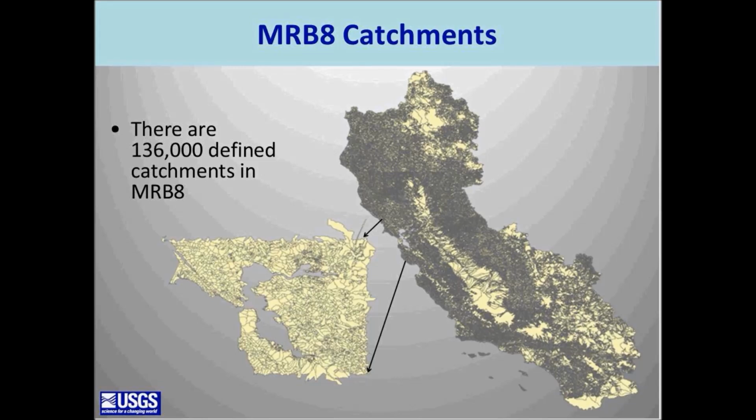Every segment of the stream has a catchment, so there are 136,000 catchments in our study area. Each catchment is assigned what's called a COM ID. The COM ID is what connects all the different spatial layers in the model to each other, so they're all identified by that COM ID that goes into these catchments.